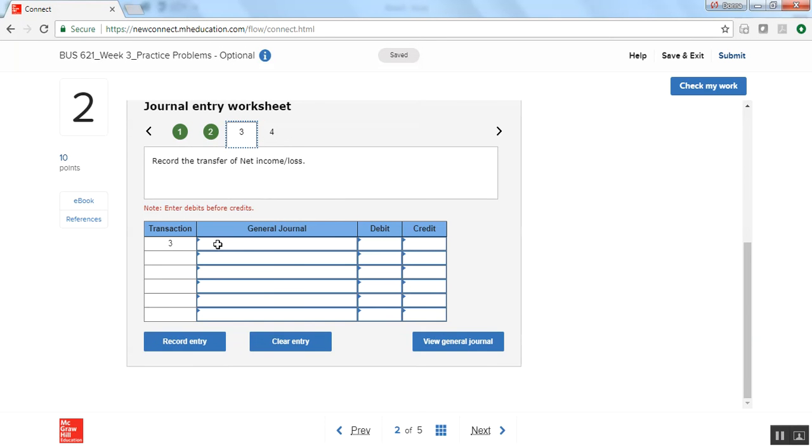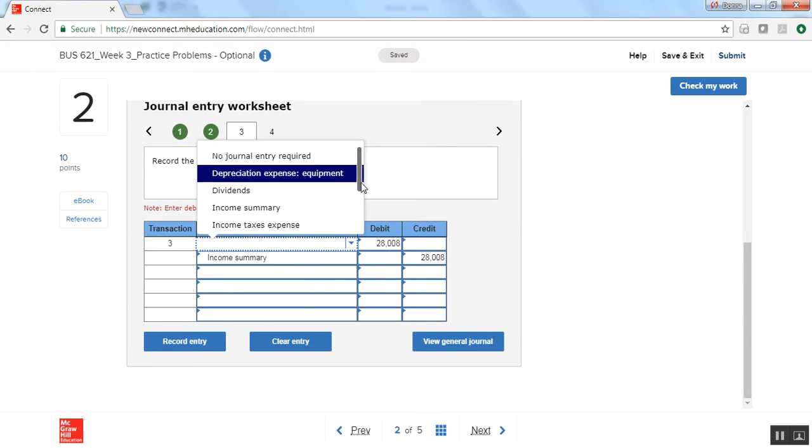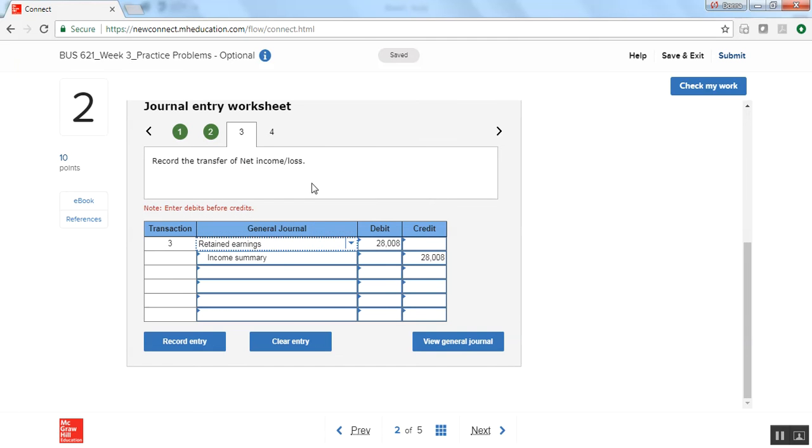So I'm going to credit my income summary account for 28,008. And what am I going to debit? I'm going to debit my retained earnings.